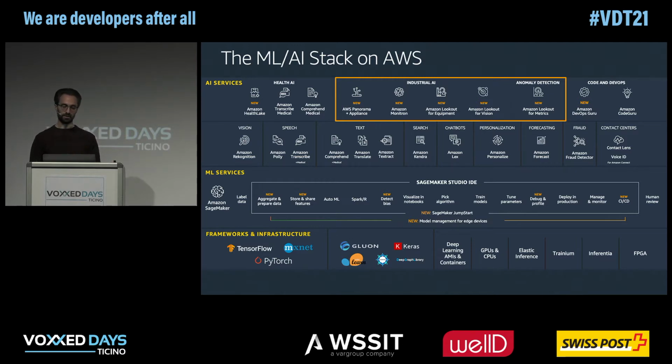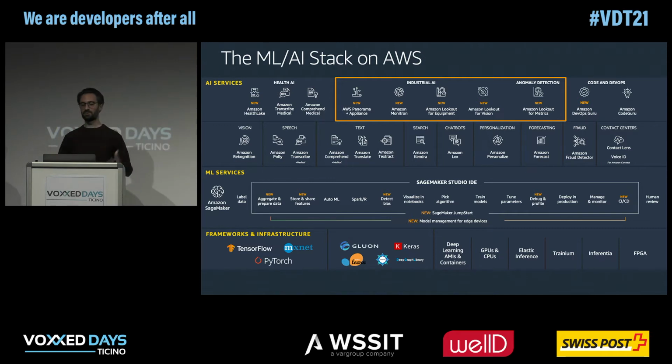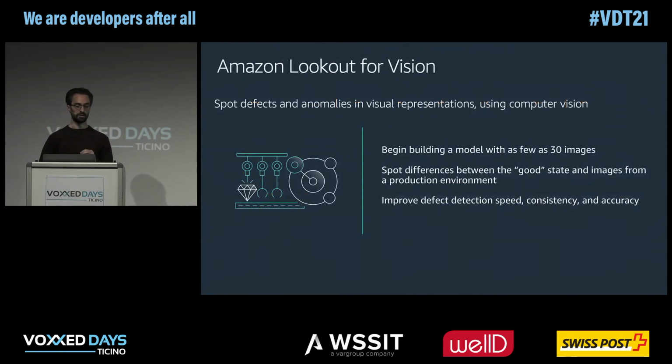Now, the 2 services I want to talk about today are Lookout for Vision and Lookout for Metrics. There is a Lookout family of services that help you with anomaly detection. The Vision one is super interesting because you can just throw images at it.